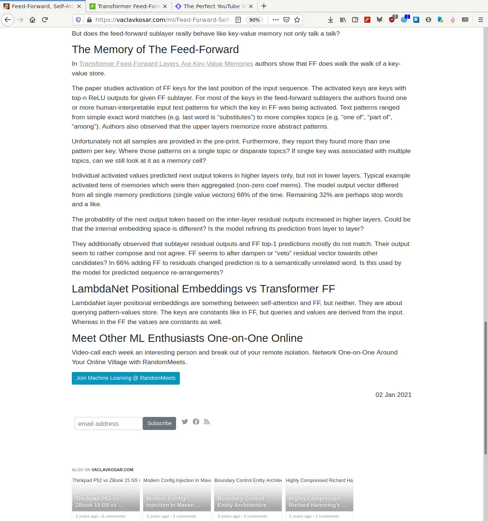So it seems those were some sort of very easy patterns, like very common stop words and so on. But otherwise, the residual connections and memory outputs seemed to disagree mostly. Disagree between each other and between the residual outputs.